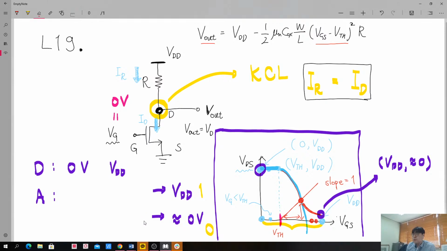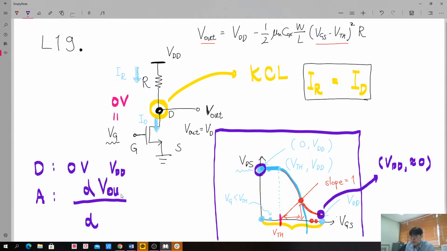And if we go to the analog scene, actually this value itself is not that important, but still we want to have this component maximized. For example, we want to maximize the change of our output voltage with respect to our input voltage.